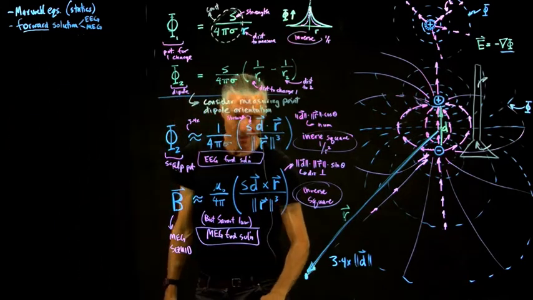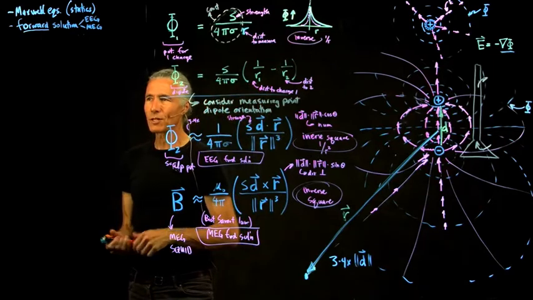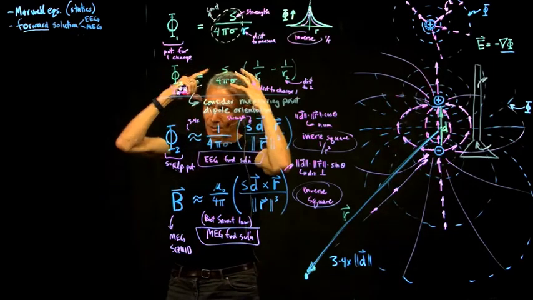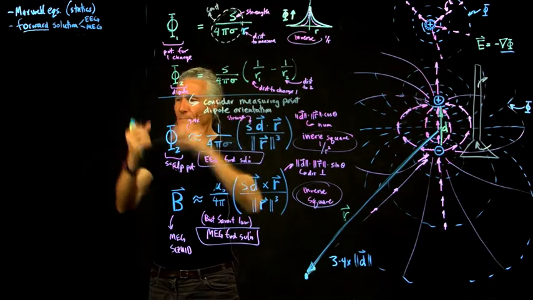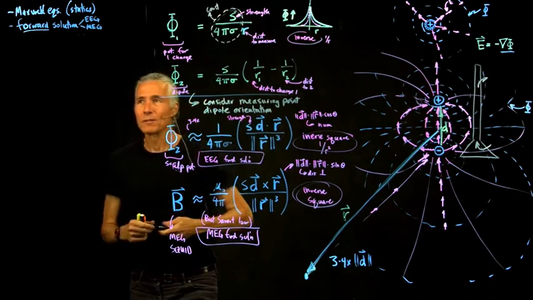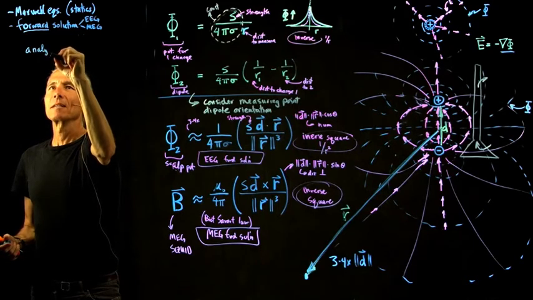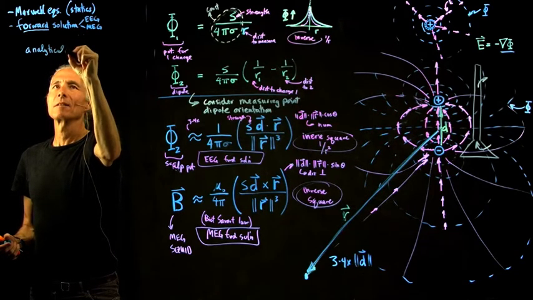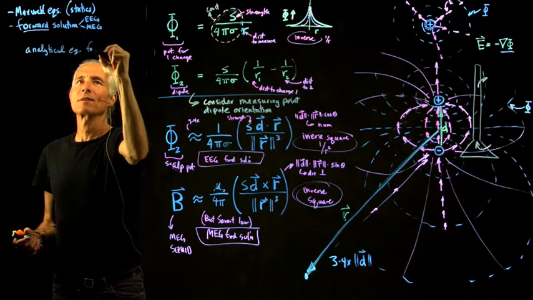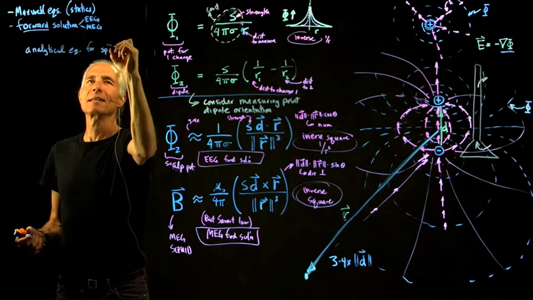It's possible to do it just for a sphere, because the head's sort of similar to a sphere. We can actually have analytical equations for a spherical head, and that's not too bad.